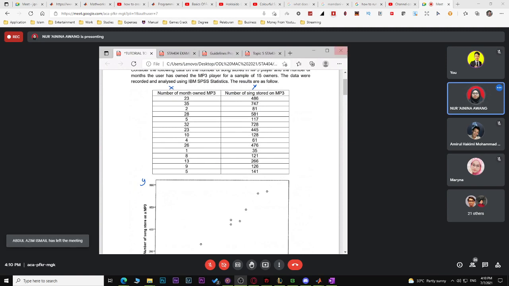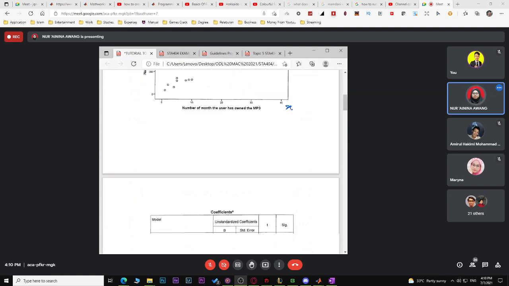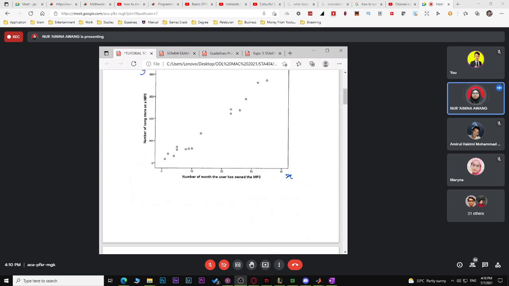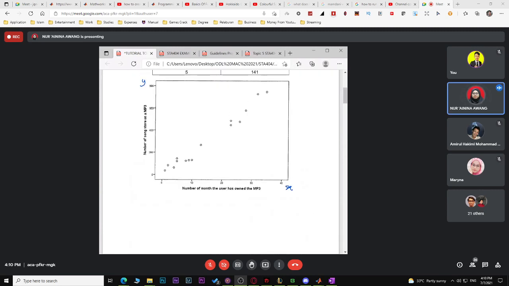Okay, and then the question asks you, based on the scatter plot, describe the relationship between the number of months owned MP3 and number of songs stored in the MP3. So based on the scatter plot, as you know, for a scatter diagram we can only look at the direction, whether there is a positive, negative or no relationship. So in this case, as your X increases, your Y also increases.